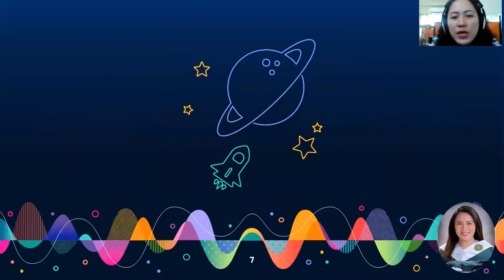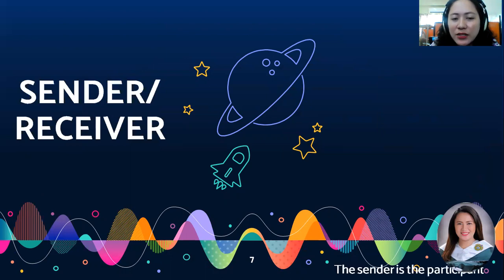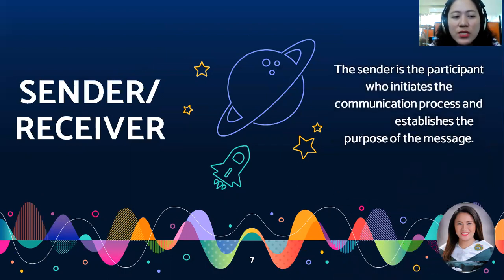So we have here first the sender and the receiver. Of course, the sender is the one who initiates the communication, or the one who tries to speak first. So, and also he, I'm referring to John in the illustration.